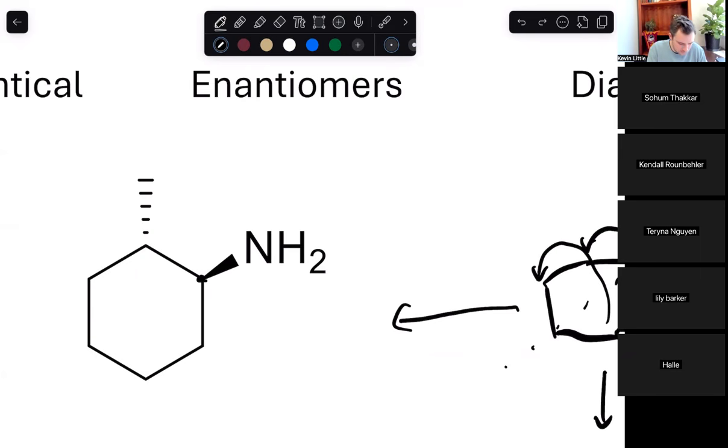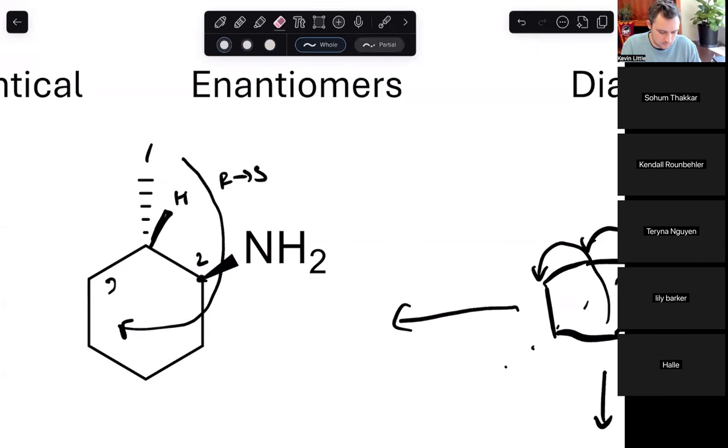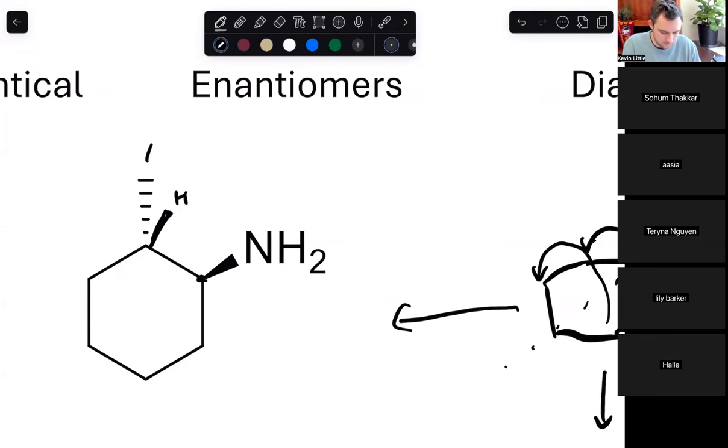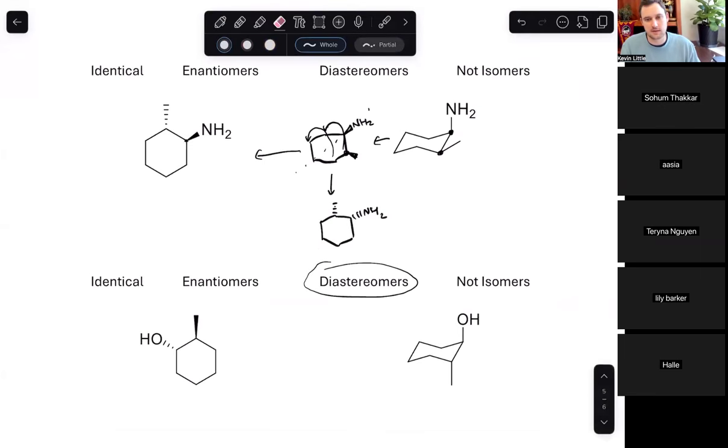And then this one, the H is on a wedge, so when I go 1, 2, 3, it's clockwise, but H is on a wedge, so it's got to be S. So the line tells me it's R, but since the hydrogen is on the wedge, it's an S. Right. So there doesn't have to be a fourth. The hydrogen's the fourth. There's always a fourth because it's a carbon connected to four things. But the fourth was implied there, yeah, as the hydrogen. Yes.